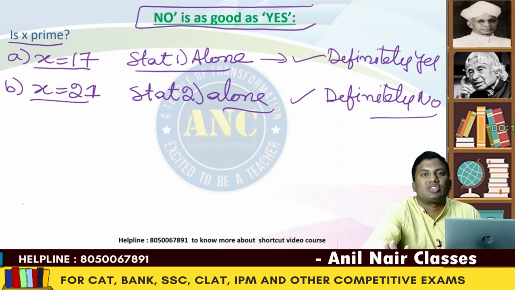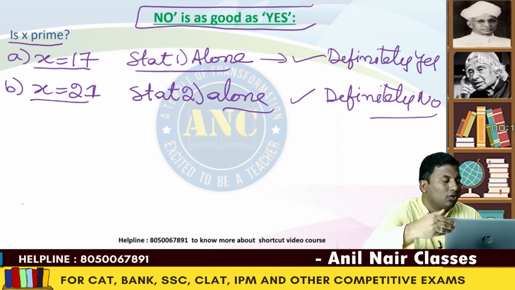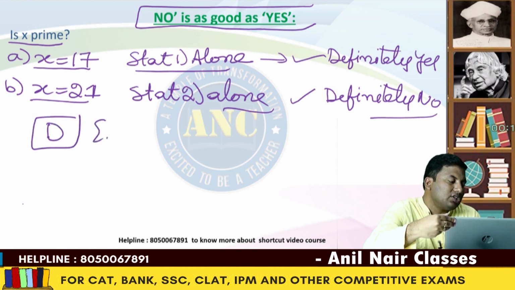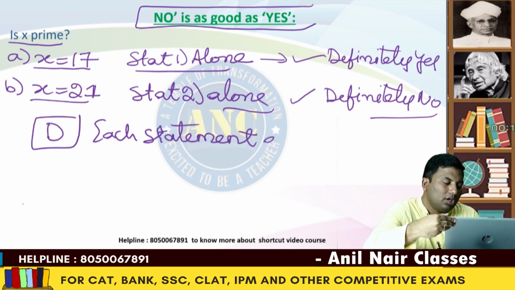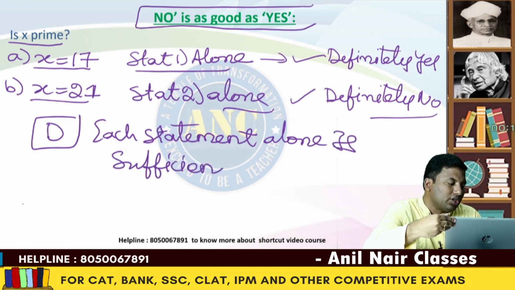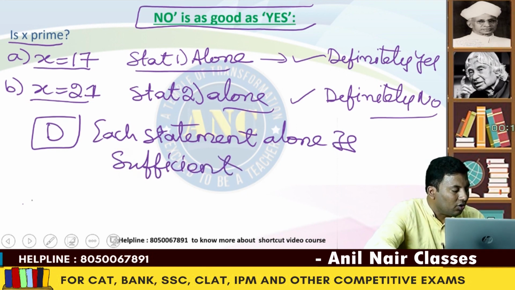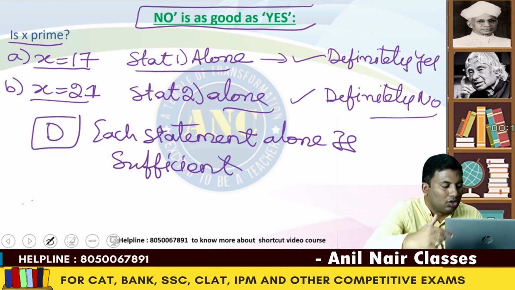Also check whether statement 2 alone is giving you an answer. So the answer is D. What is D? Each statement alone is enough, is sufficient to solve this question. Very, very good question.